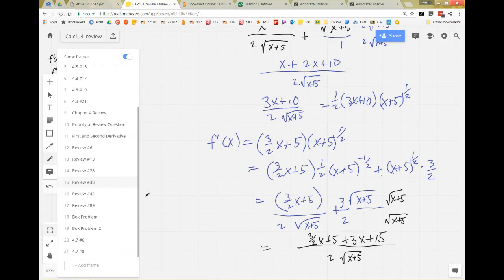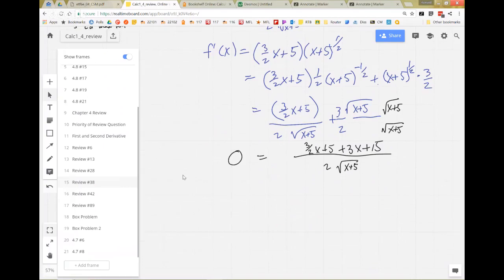Okay, so now the question is, when is this equal to 0? Only when the top is equal to 0. And so, let's just go to the top. So we'd have 0 equals 3/2 x plus 3x plus 20.